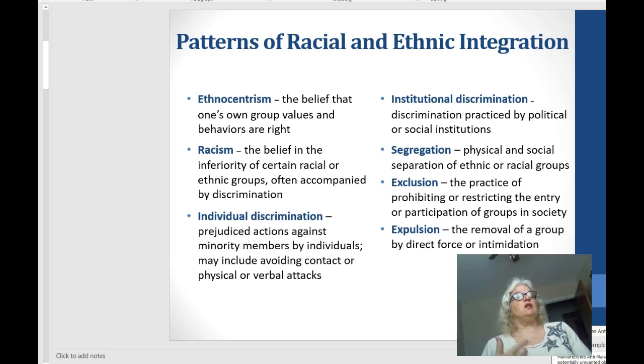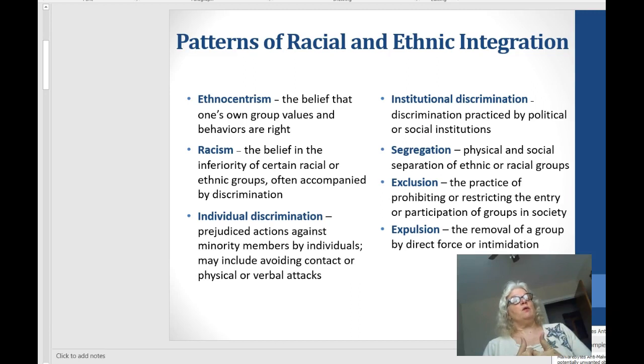And that's the physical and social separation of ethnic and racial groups. And then we have exclusion, the practice of prohibiting or restricting entry of particular groups to society. We can easily see that right now as we are changing who is allowed to come into this country, how they're allowed, and how they can come into place.